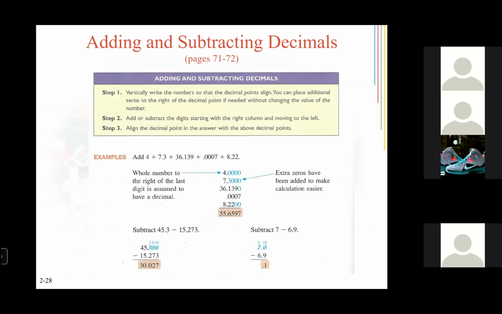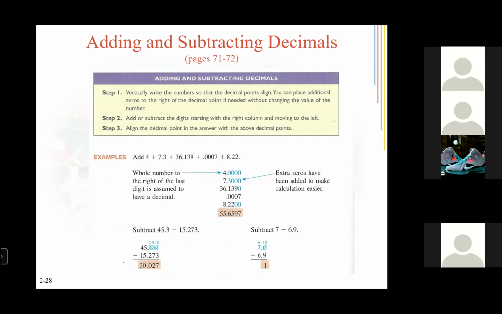All the decimal points must line up. And to aid in making sure the numbers are lined up according to their place, what do you notice them doing? They added zeros. Sometimes it's useful to put in those zeros to make sure everything is lined up according to its place.